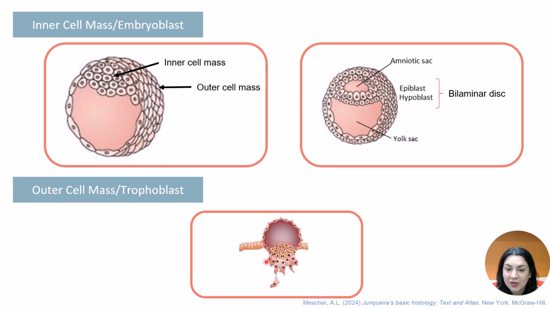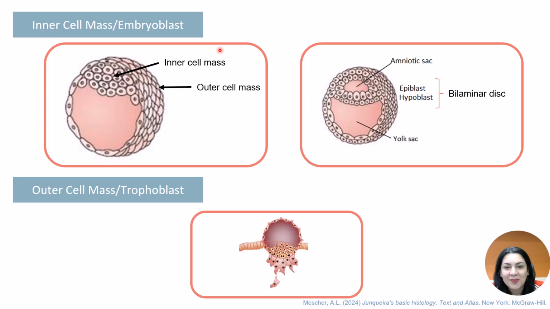It's going to adhere to it. So this is our little blastocyst, and this line here represents the uterine wall it's encountered. As soon as the blastocyst meets the uterine wall, these cells of the trophoblast, this outer cell mass, are going to start to implant into it.